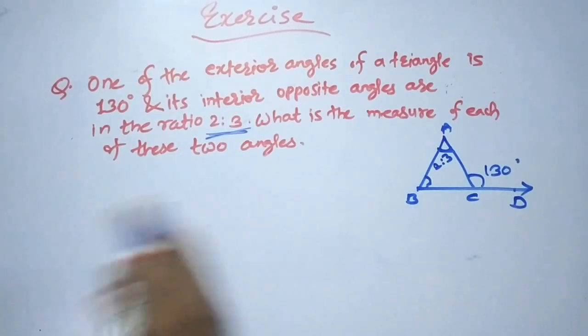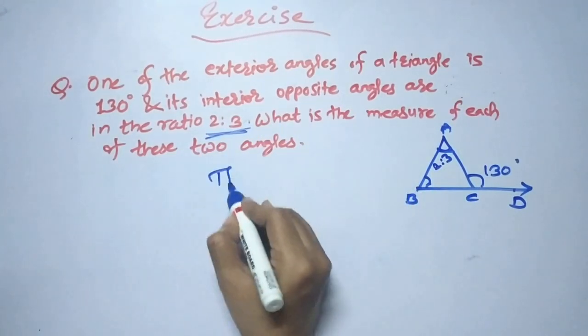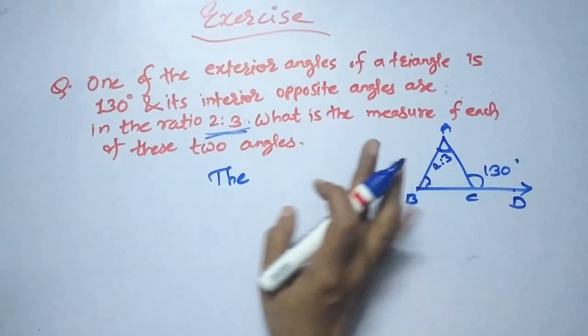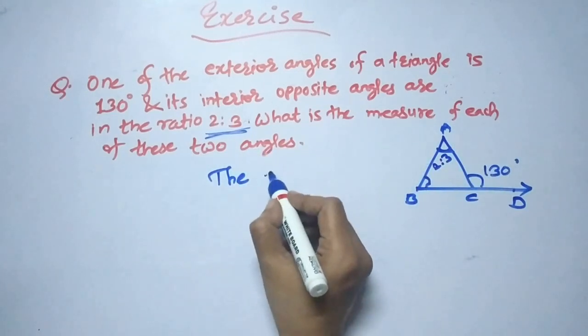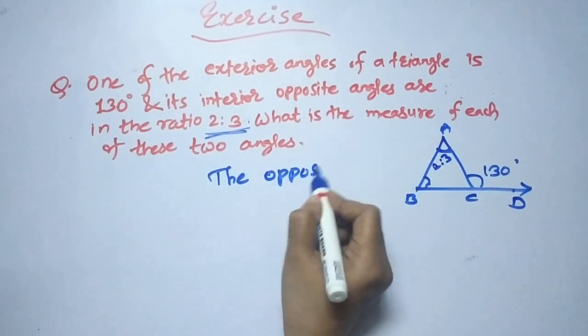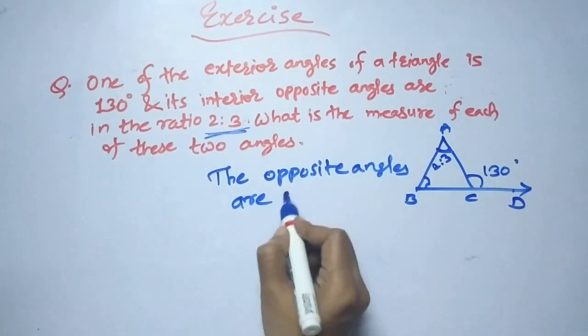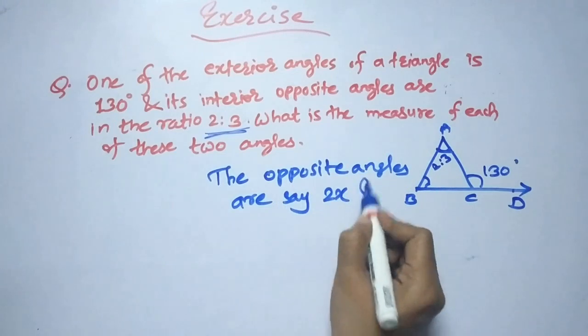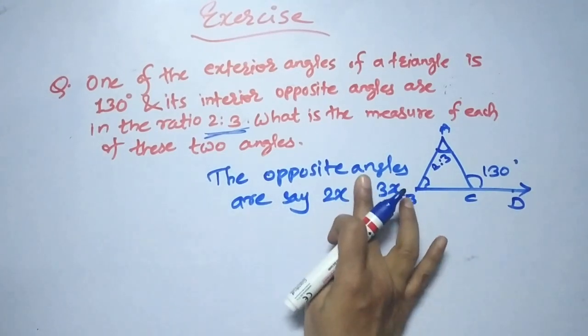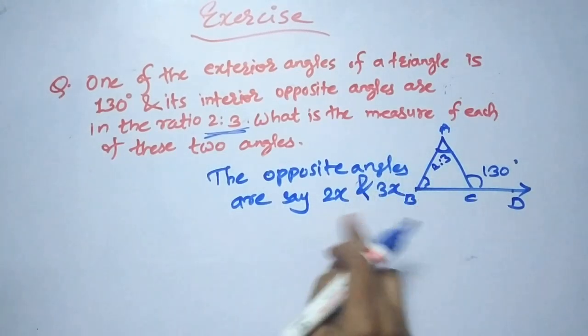So friends, 2:3 means suppose the angles are 2x and 3x. Ratios are not actual angles, so the opposite angles are, say, 2x and 3x, because they are in the ratio 2:3. So we can assume they are 2x and 3x.